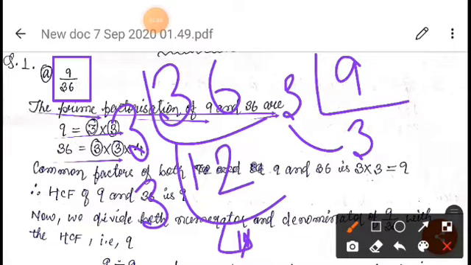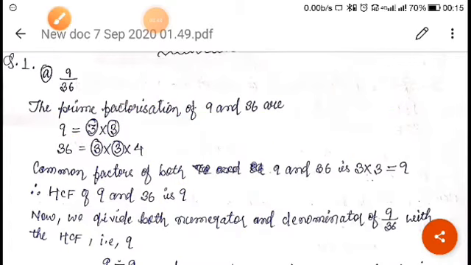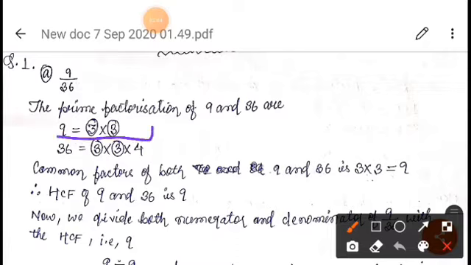So we can write 3 into 3 into 4. For 9 it is written 3 into 3, as you can see, and for 36 it is written 3 into 3 into 4, right?